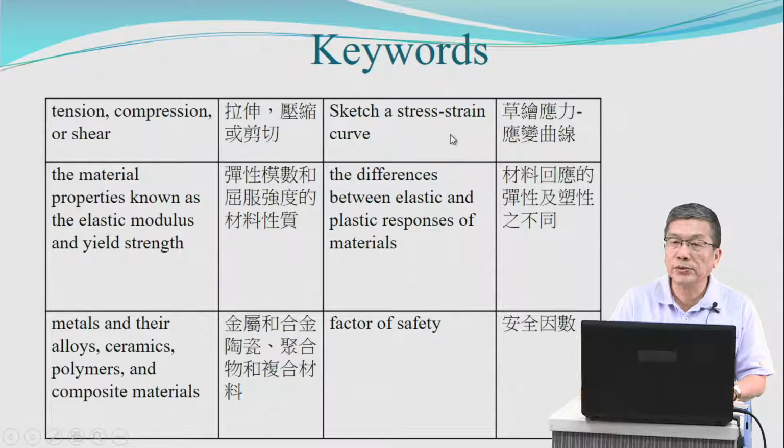Sketch a stress-strain curve. The material property known as the elastic modulus and the yield strength. The difference between elastic and the plastic responses of materials. Metals and their alloys, ceramics, polymers, and the composite materials. Factor of safety.